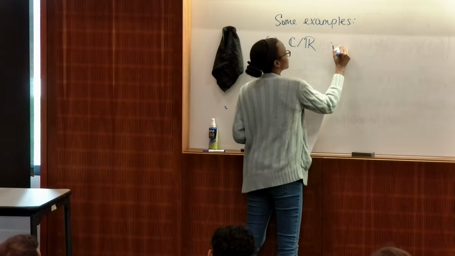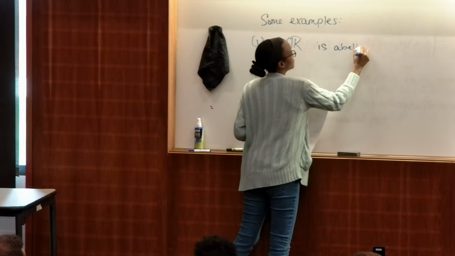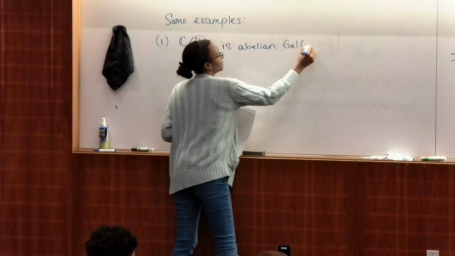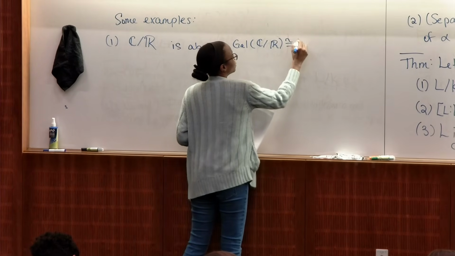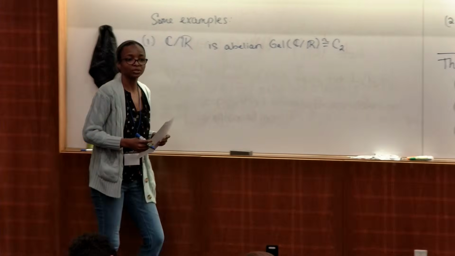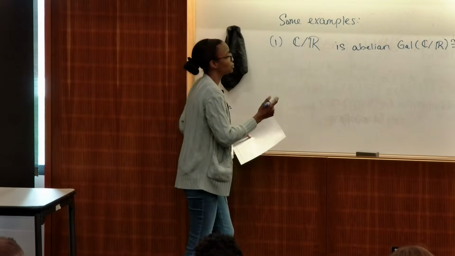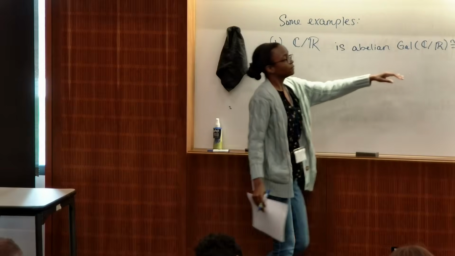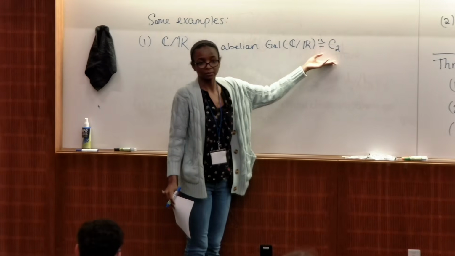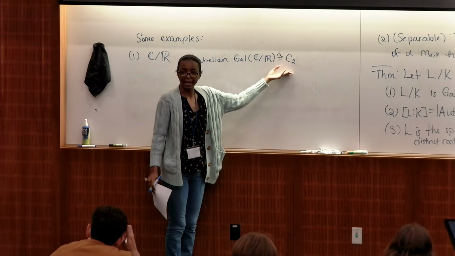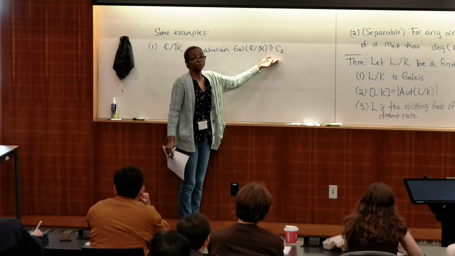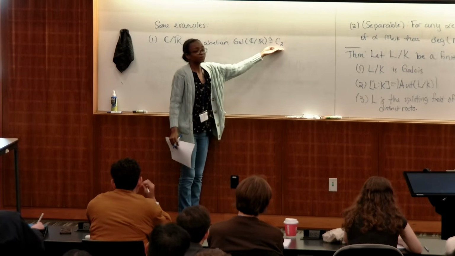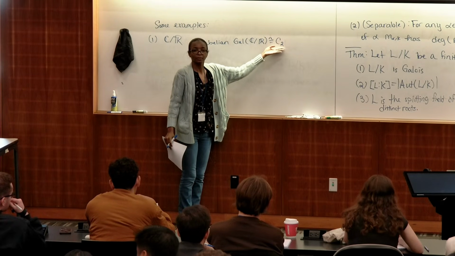So it's abelian with the Galois group isomorphic to C2. That's my notation for a cyclic group of order, in this case 2. And the non-trivial automorphism is the one that you would guess if I asked you, give me a non-trivial way of moving the complex numbers around. You might say, well, just do complex conjugation. That is the non-trivial automorphism of C over R.